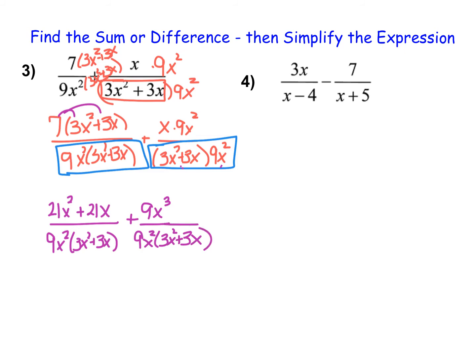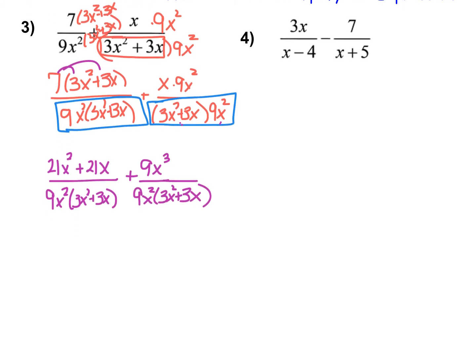So now, because I have two denominators that are the same, I can add their numerators together. Now, because I know I might be factoring further, I'm just going to write them in descending order, so the biggest exponent first, and then I'm going to combine like terms as I combine them together. So I see that I have 9x cubed. That's the biggest one.